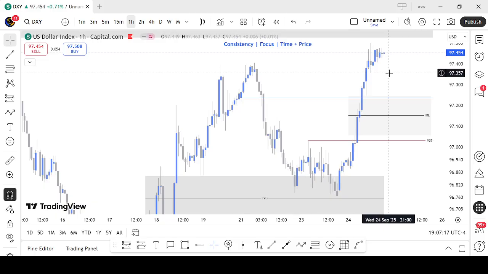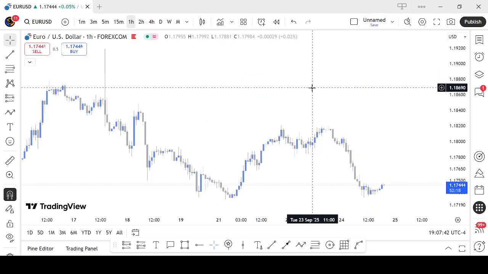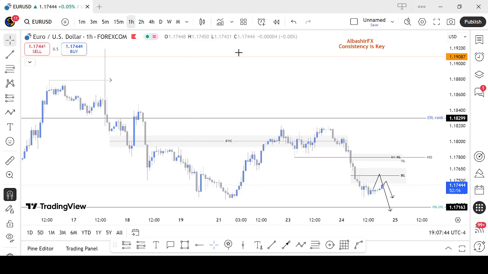So this is basically my bias for the dollar index. And also if we go to the euro US dollar, like I've said before, the euro US dollar price is going to be bearish if the dollar is going to be bullish, right?